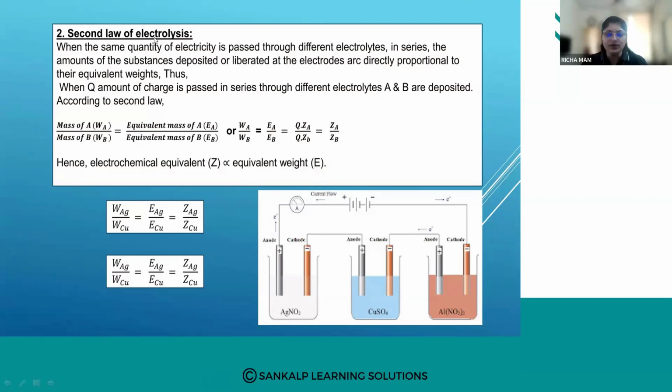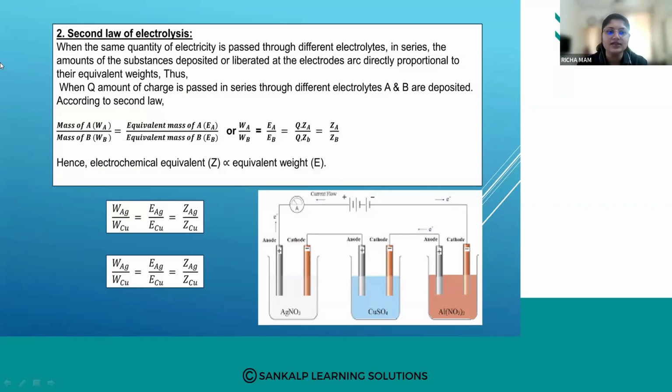So what does Faraday's second law of electrolysis state? It states that when the same quantity of electricity is passed through different electrolytes.